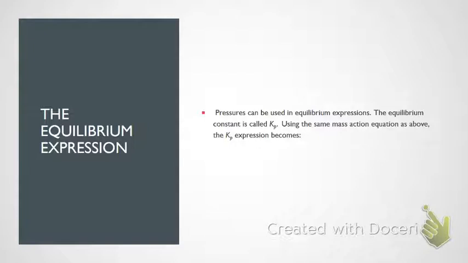We can use pressures. That's also in your notes. But I want to make very clear that you understand this. When we're doing Kp, we do not use brackets for pressure. We would put pressure of C times pressure of D raised to their coefficients.